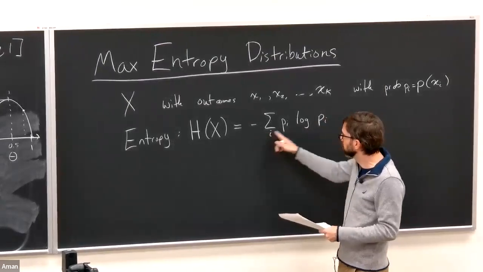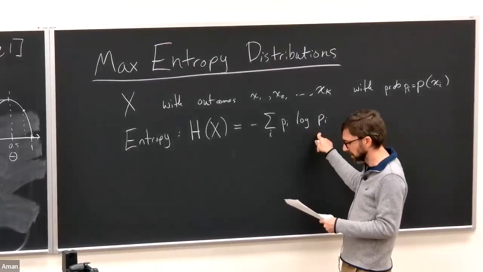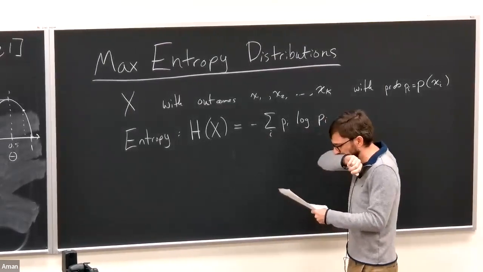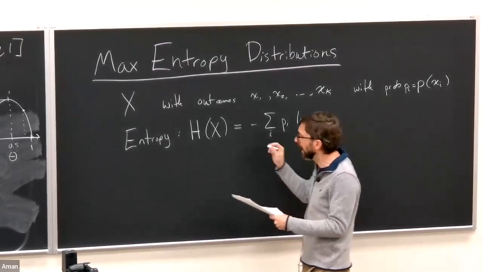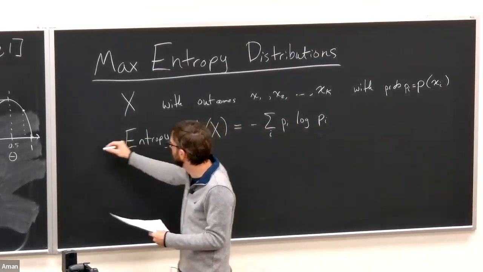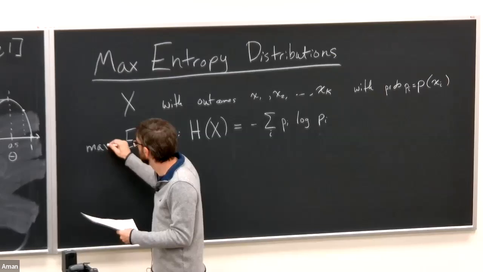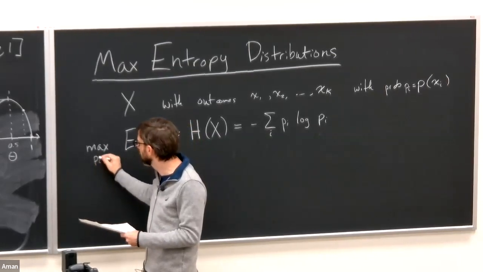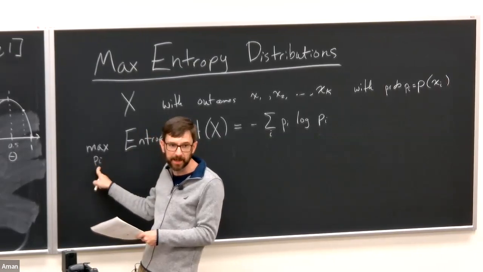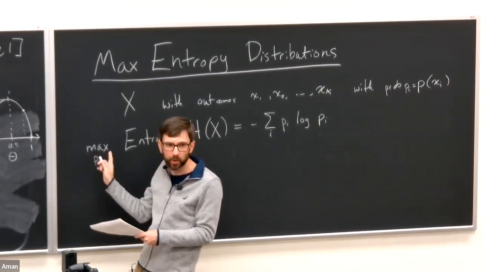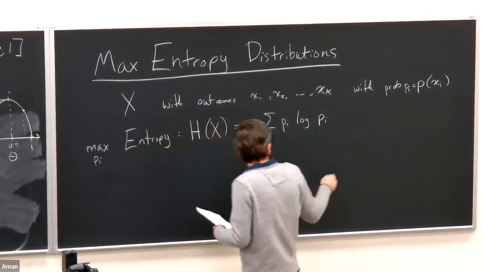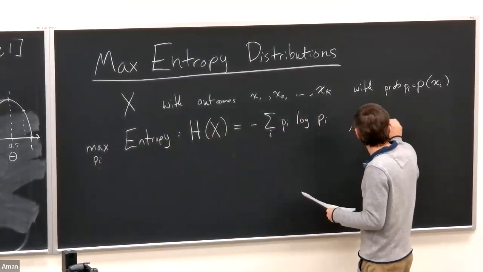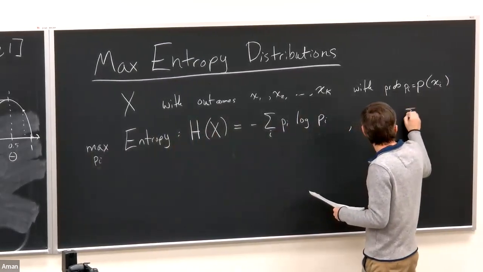Okay, so we have the entropy that looks like this. I want to maximize it over all possible distributions, so all configurations of k values p_i. The p_i are between 0 and 1, there's that constraint. There's also a constraint, of course, that they sum to 1.